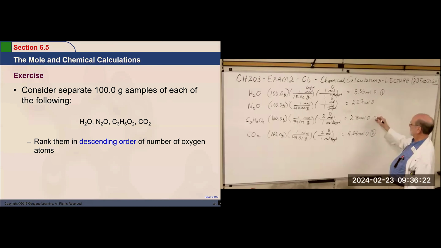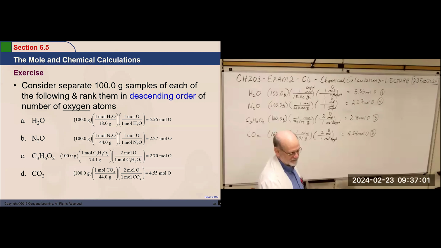Off by 100th. Must be a rounding error. Yeah. 44.0 and I had 44.01. All right. So water's first, carbon dioxide second, propionic acid, and then laughing gas.